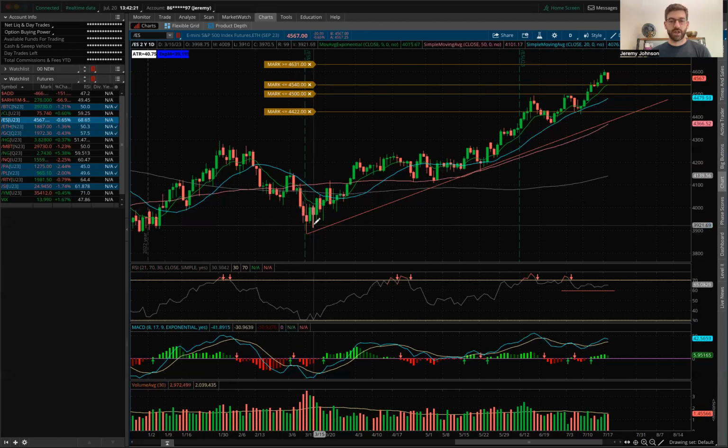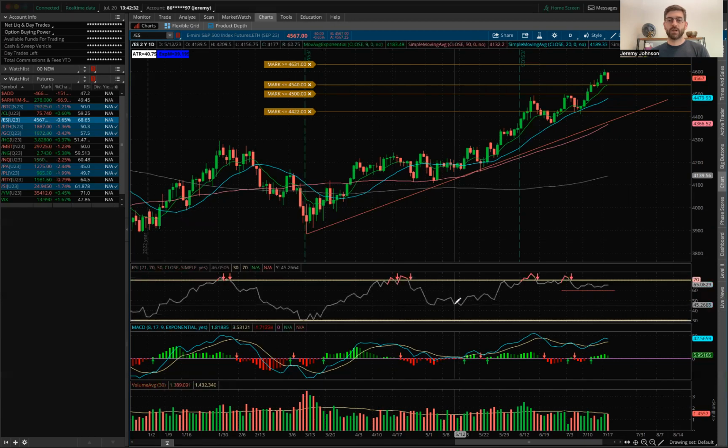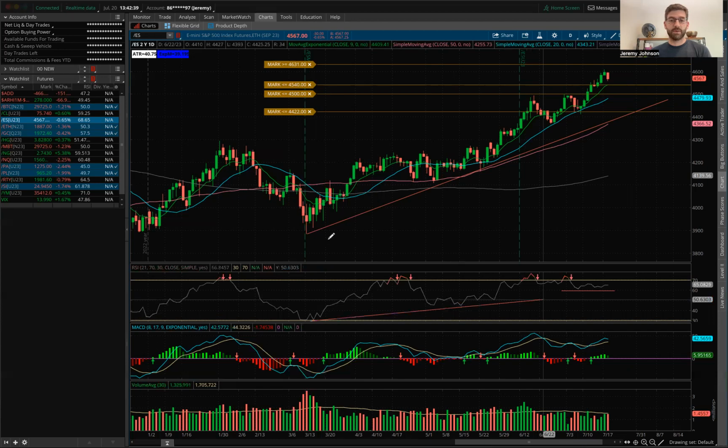They were confirming each other. But here you can see we set a high and then we set a higher low. So we had a lower low here, then a higher high, higher low. That is signaling that the path of least resistance is up. The RSI is trending up and the stock is trending up over that same time frame.